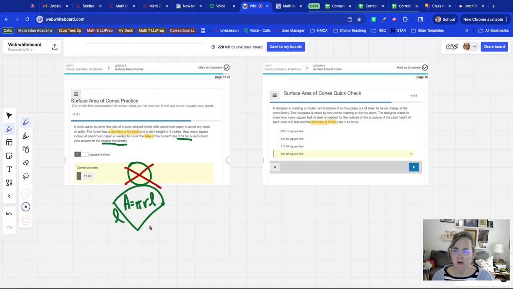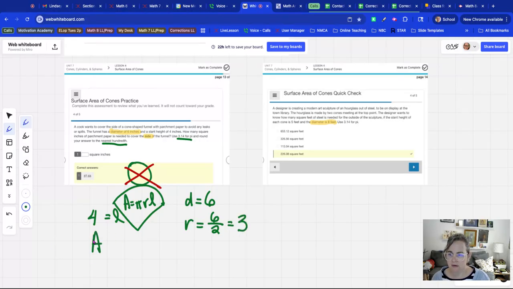Okay, so if I'm given here that the slant height is 4 inches and the diameter is 6 inches, I'm going to find the radius. That's half of the diameter. 3. Radius is 3. Okay, now I'll write my formula.